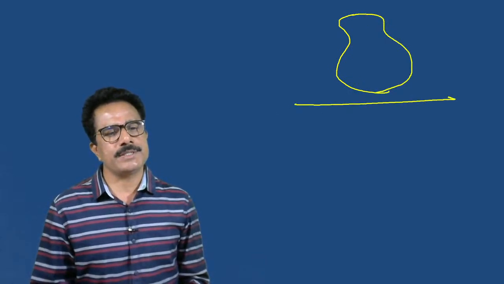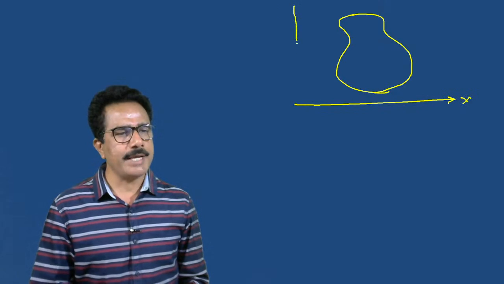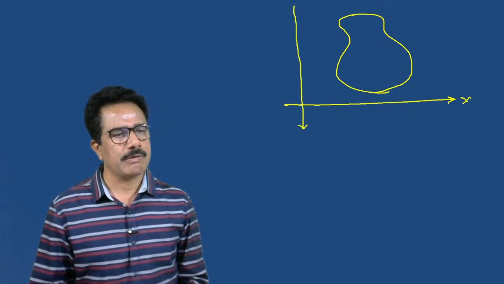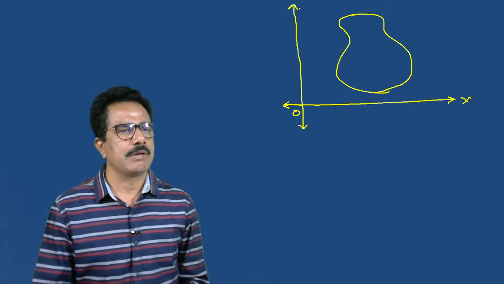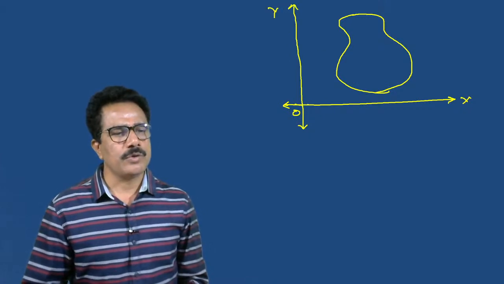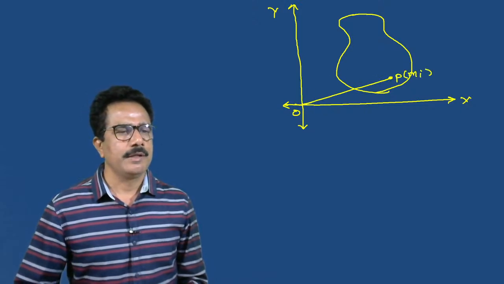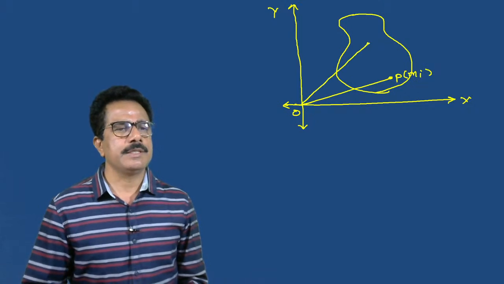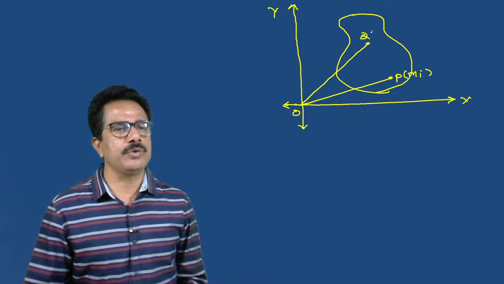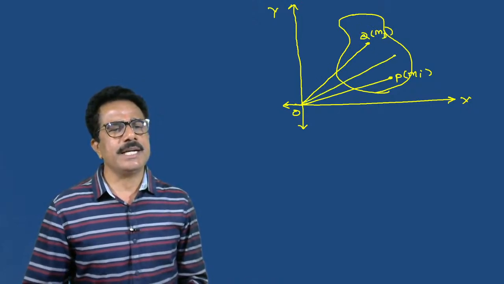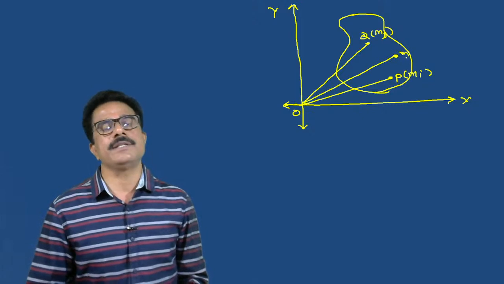Suppose this is a rigid body. This is the x-axis. This is the y-axis. Suppose this is a particle P whose mass is Mi. This is a particle Q whose mass is Mj. And this is a general particle whose mass is small m.